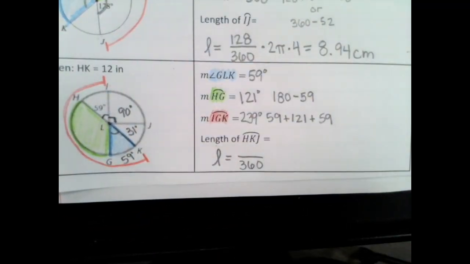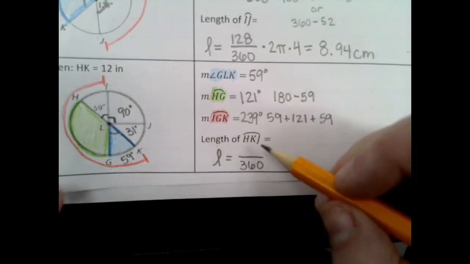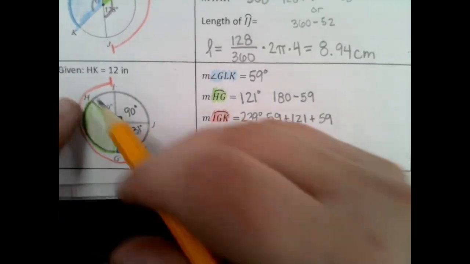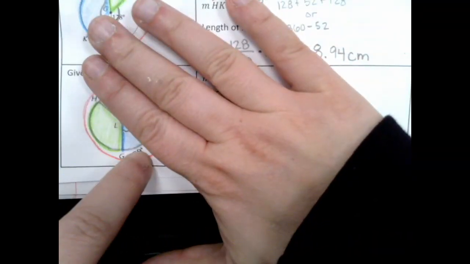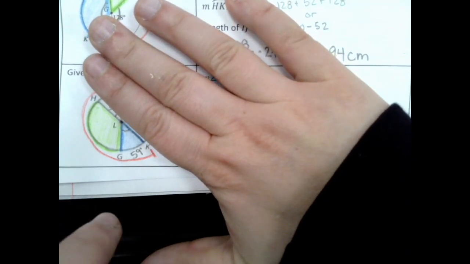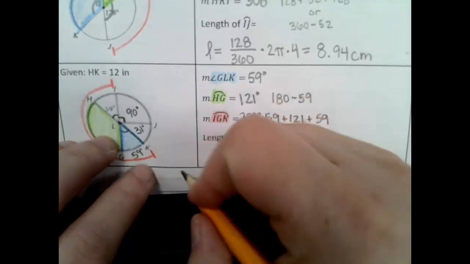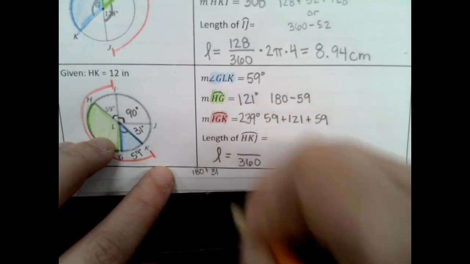Okay, hey guys, like 45 more seconds. You can do this. All right, so H to K to J. H to K is how much? 180, it's halfway. So it's 180 plus another 31 degrees.